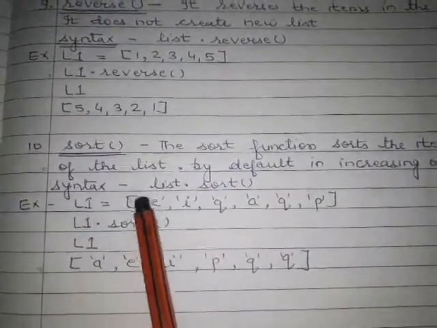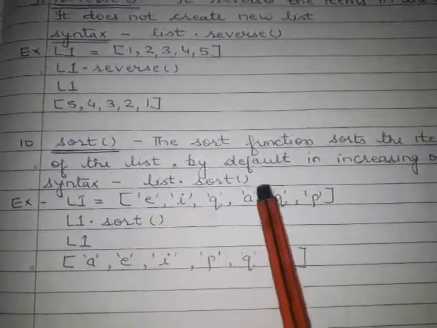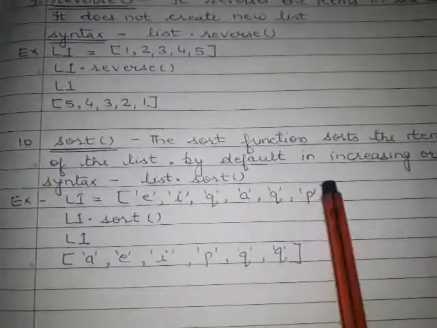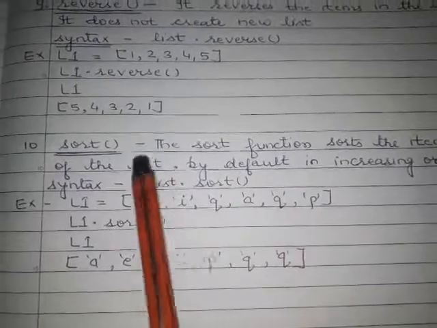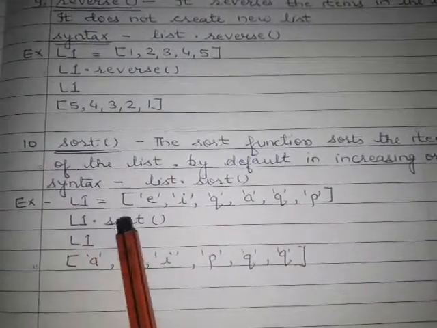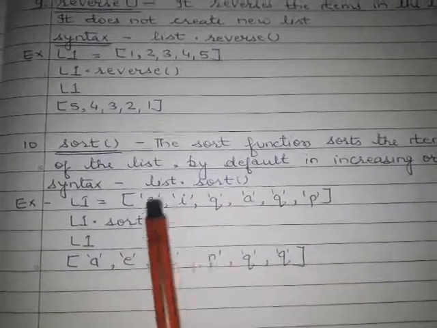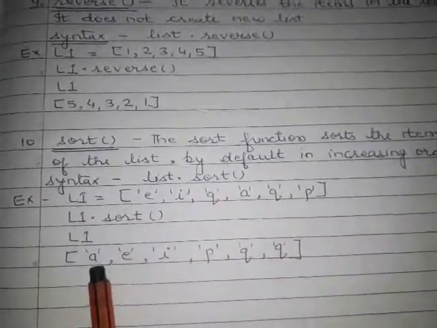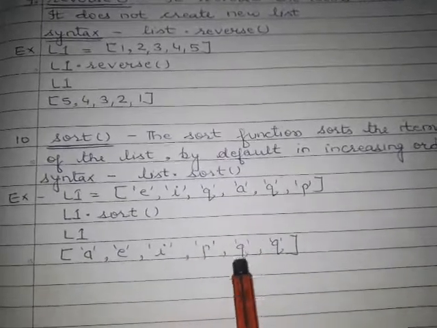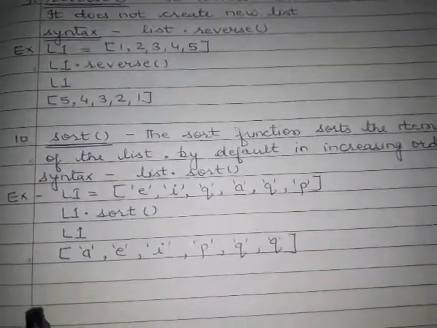Example, L1 equals E I Q A Q P. These elements are not arranged in alphabetical order. When I use L1.sort(), all the items will be arranged in alphabetical order: A E I P Q Q. So these elements will be arranged in increasing order.